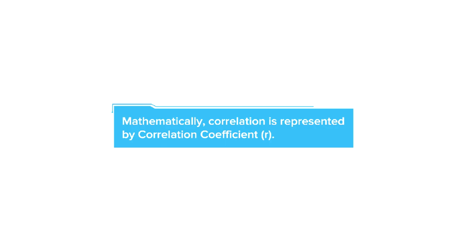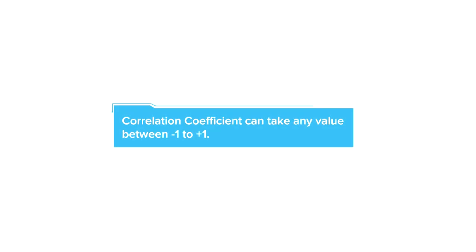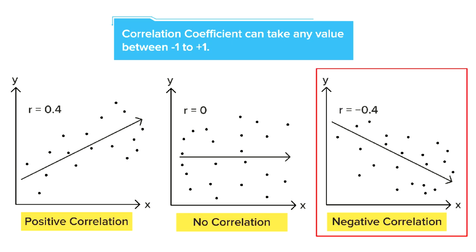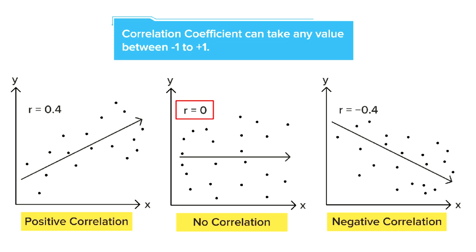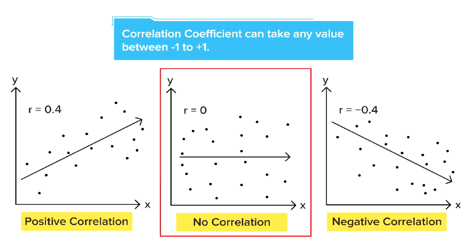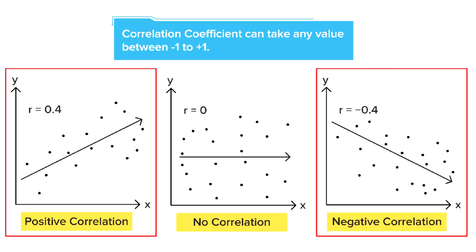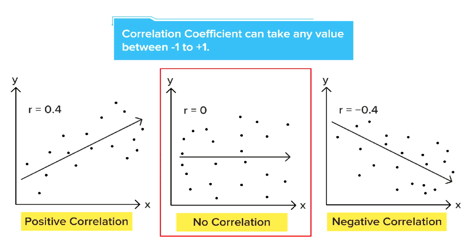Mathematically, correlation is represented by the correlation coefficient, usually denoted as R. We need not get into the formula used to calculate correlation, but it is sufficient to know that it can take any value between -1 and +1, where a positive value represents a positive correlation and a negative value represents a negative correlation, and also the value 0 represents no correlation at all, as shown in the chart given on the screen. Higher the absolute value, stronger the relationship, and if the value is closer to 0 on either side, then weaker the relationship.